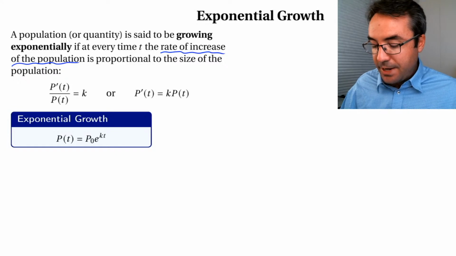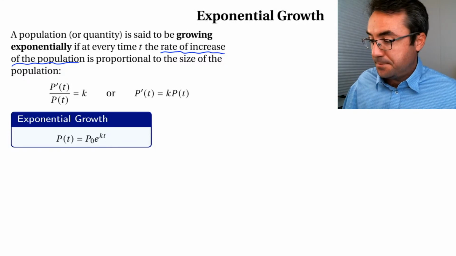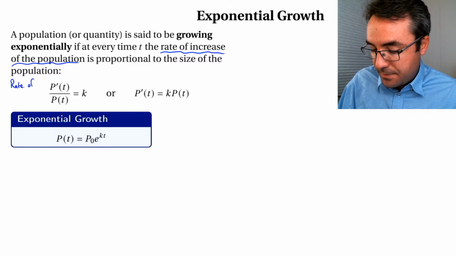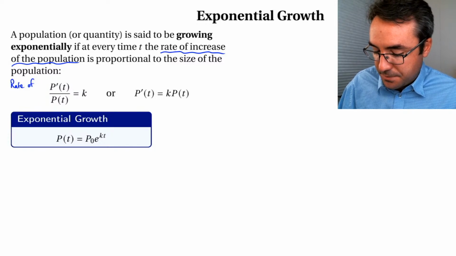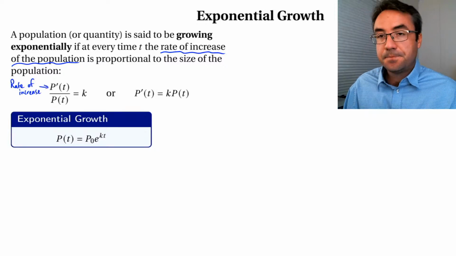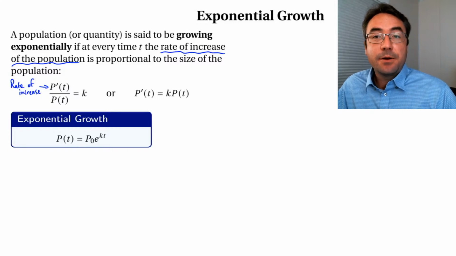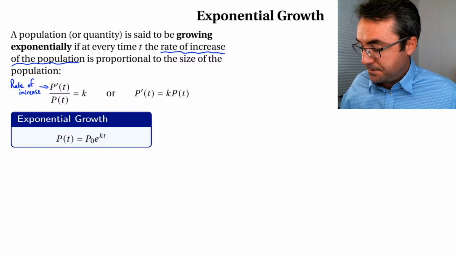So the rate of increase of our population is just another way of saying the derivative of P. So that's what we see here in these equations. This is our rate of increase. And then in the denominator, we see P of t, and that's just the size of our population.